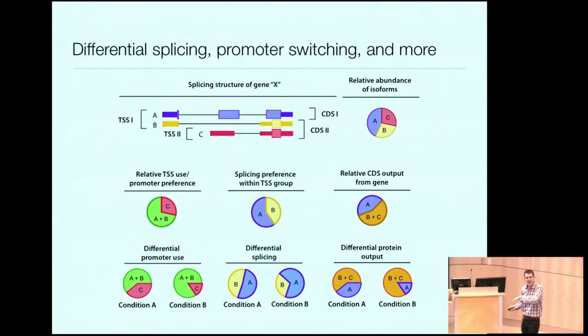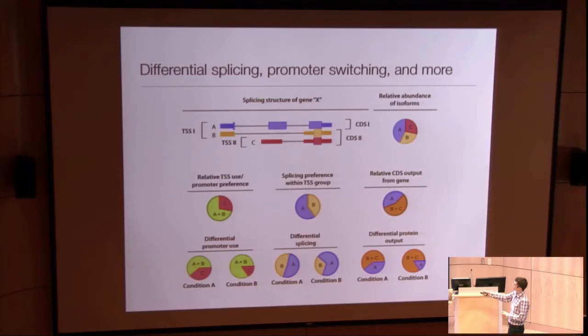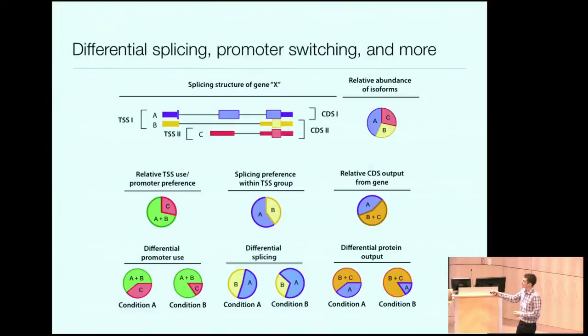Now that we can do isoform resolution calculations and also assess significance of changes, we can do neat stuff like look for the kind of regulation that I mentioned at the beginning. So suppose we've got this idealized gene where you've got two transcripts, a blue and a yellow, that come from the same transcription start site. These are being processed from the same primary transcript, and the splicing machinery is just doing something differently with them.